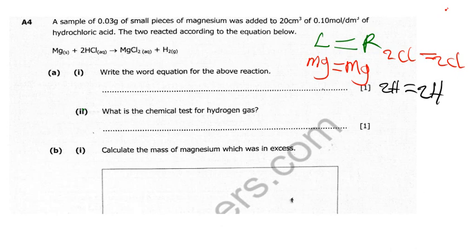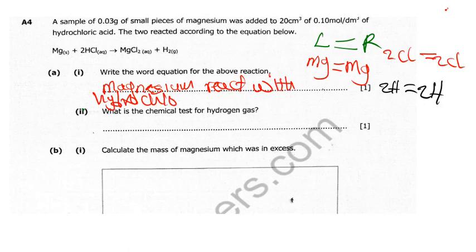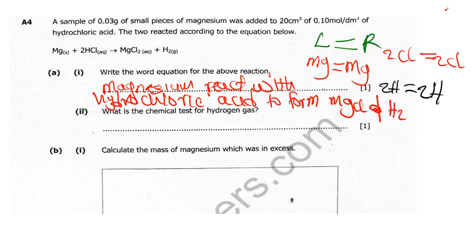So in words we just say, using your eyes, what you are able to see there: magnesium reacting with hydrochloric acid to form magnesium chloride and hydrogen gas. That's what the examiners wanted you to give them.